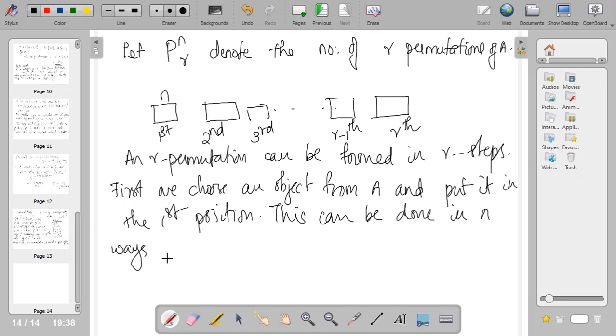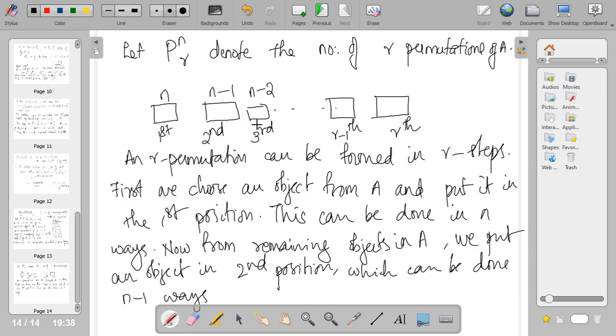Similarly, in the third position you can place n minus 2 objects, and so on. When you come to the rth position, there are n minus (r minus 1) choices.